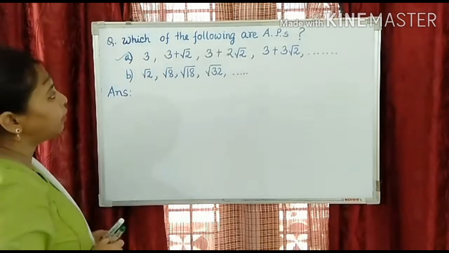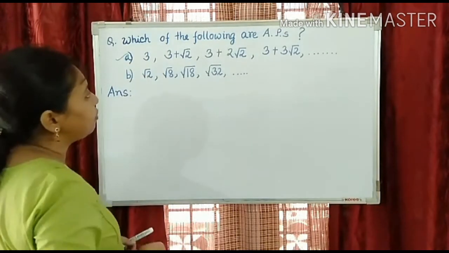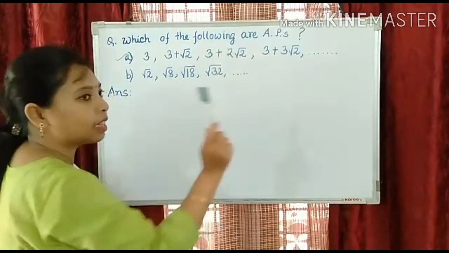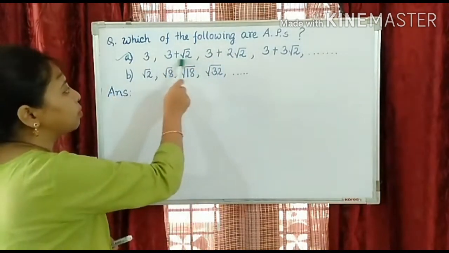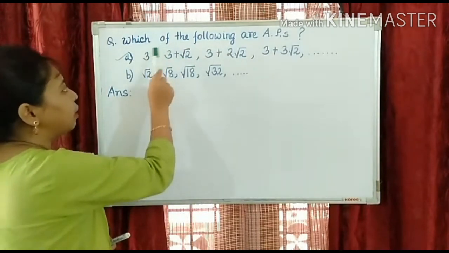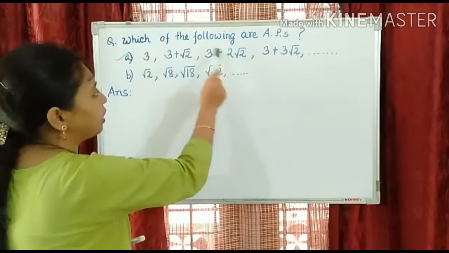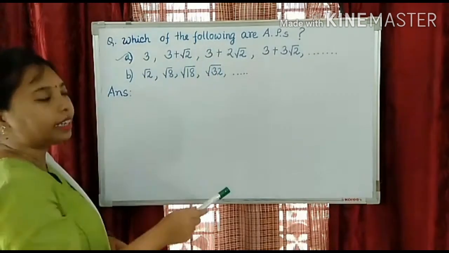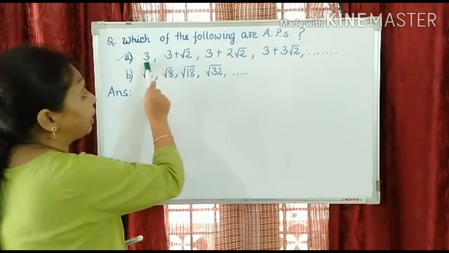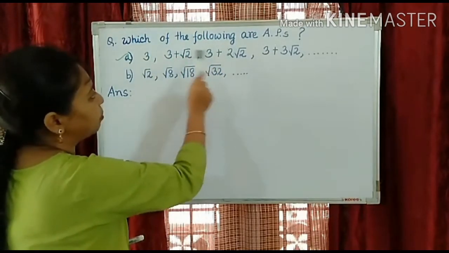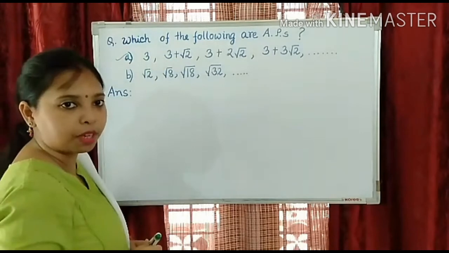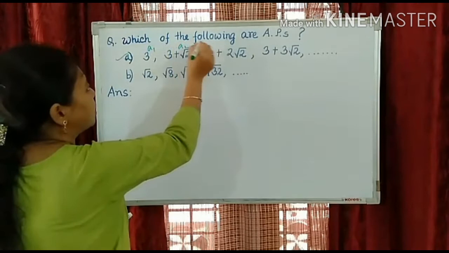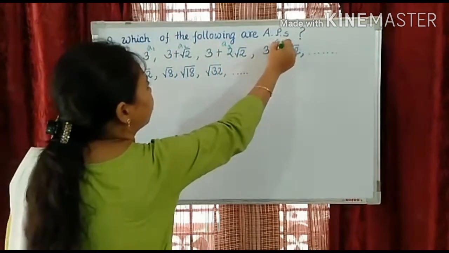Here we know that if it is an AP, then each term we get by adding some fixed value to the preceding term, so definitely their difference will be the same. A2 minus A1, A3 minus A2, like this the difference will be the same, as I already said. Suppose this one is the A1 term, this is the A2 term, A3 term, and this is the A4 term.